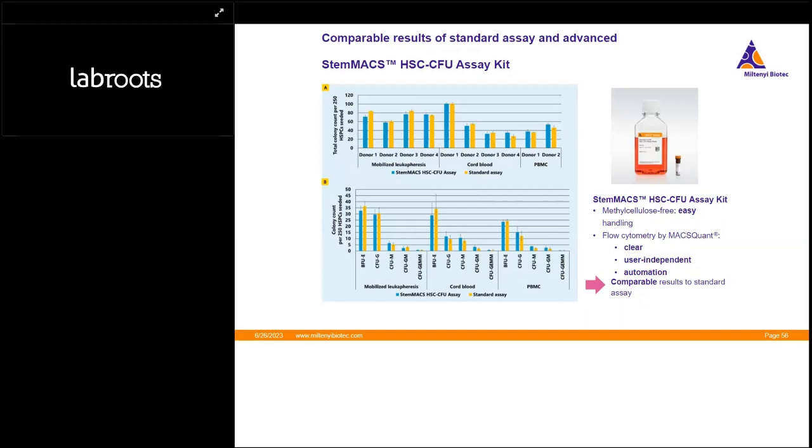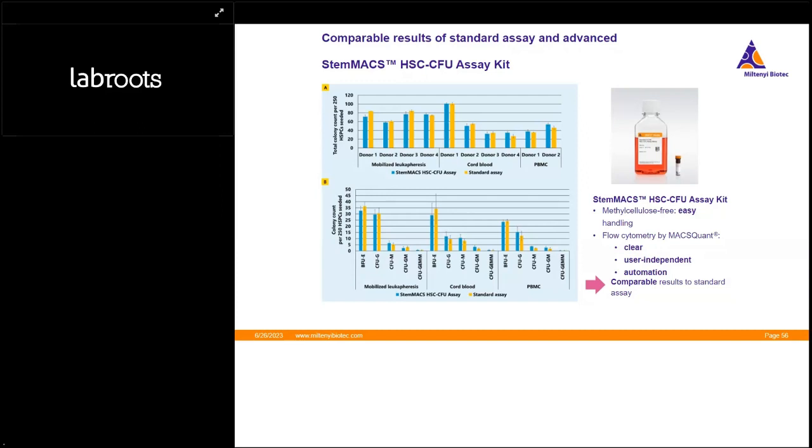As you can see from the bar chart, our flow cytometry readout is very similar to a very experienced researcher's readout in terms of the CFU clusters, which hopefully shows that this machine is indeed very accurate and very precise in predicting what a CFU is using a flow cytometry experiment.